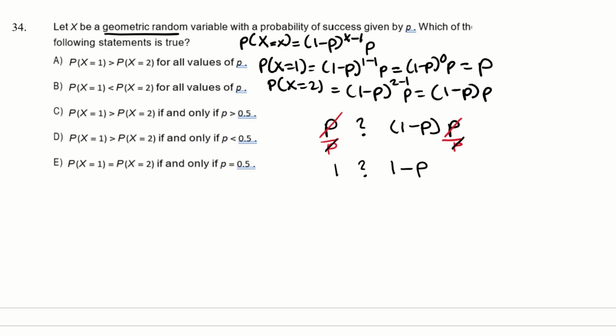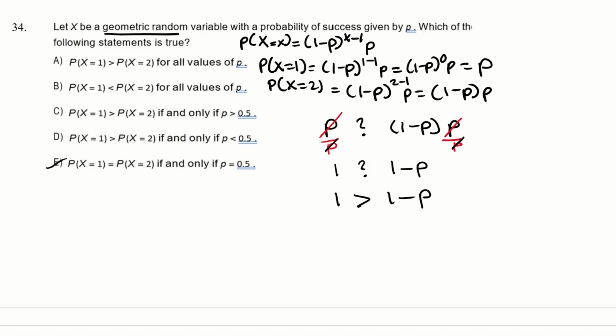Are these two equal? No, 1 is not equal to 1 minus p, right? So it can't be E, because it's saying that it's equal. So we have to see, is it less than, greater than? So 1 is always greater than 1 minus p, unless p is 0, but you would never have a situation where p is 0, because otherwise how would we calculate a geometric probability?